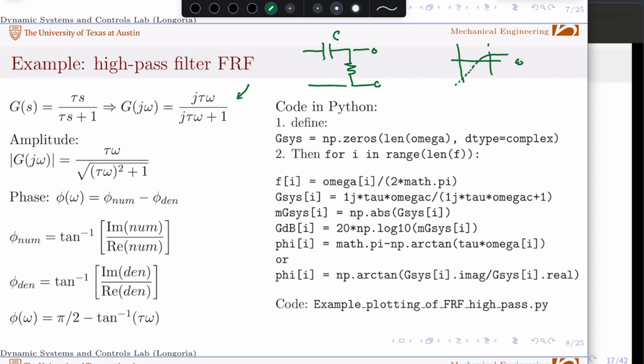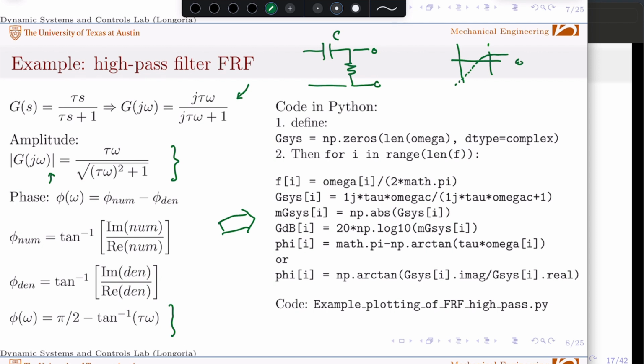But what I wanted to show is how you can code this up, hard coded in Python. Right here is where I went ahead and computed the G of j omega, the magnitude, and also the phase function is down here. This shows you how to compute that without using any special functions except what's built in.